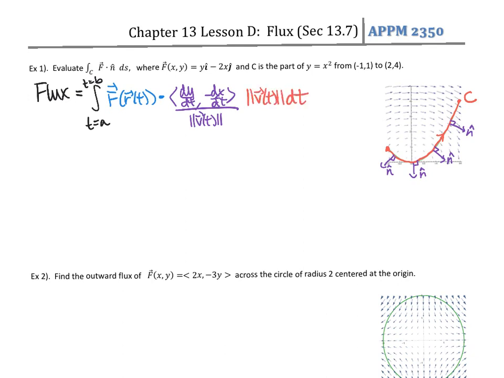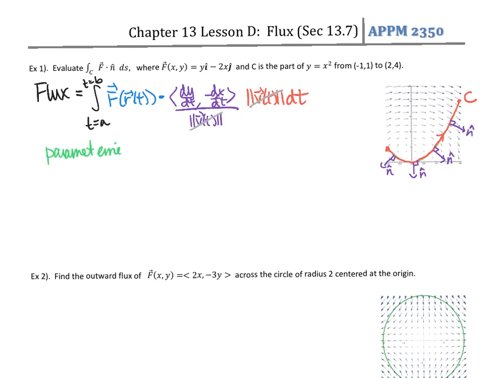So at the end of the day, I really don't need to worry about the speed anymore. I just need to find the blue vector up here, the F of r of t, and then this dy/dt, negative dx/dt. So first step is going to be to parameterize the curve.